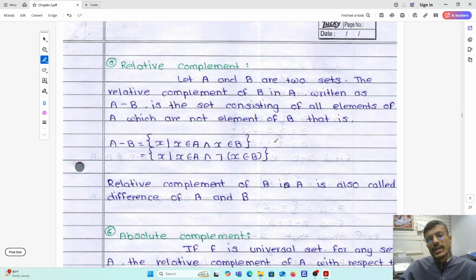Now the next one: relative complement means what? For example, let us consider A and B. These are the two sets.